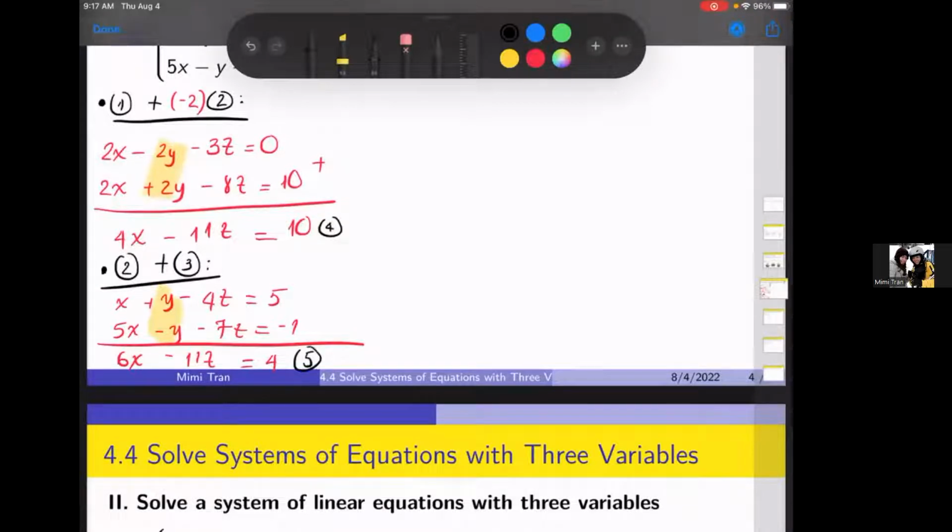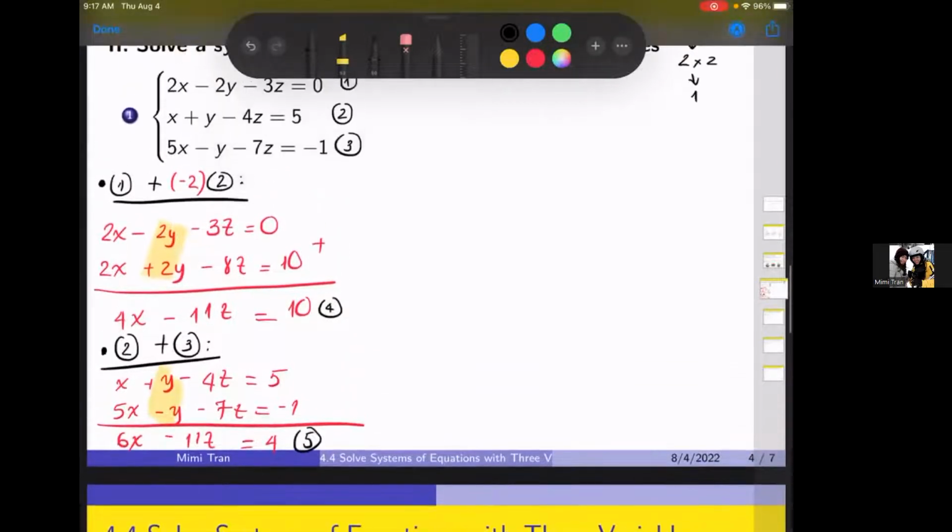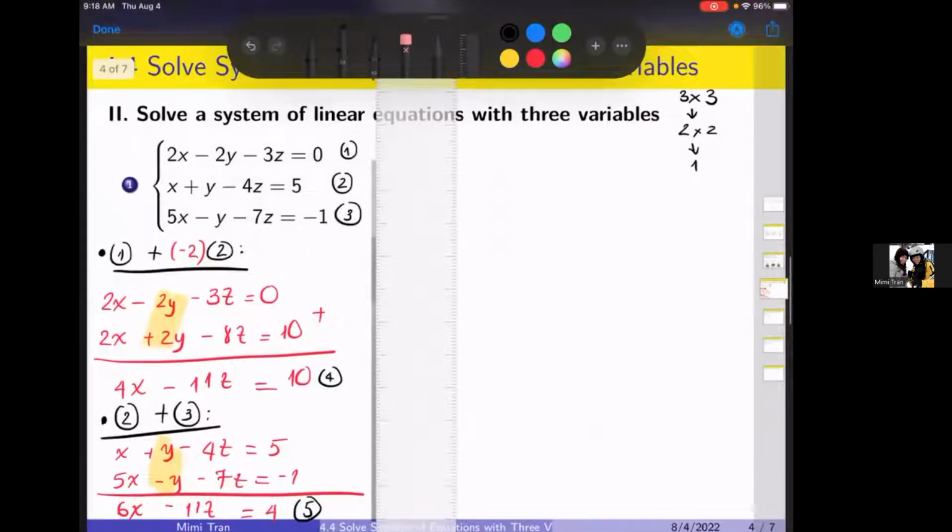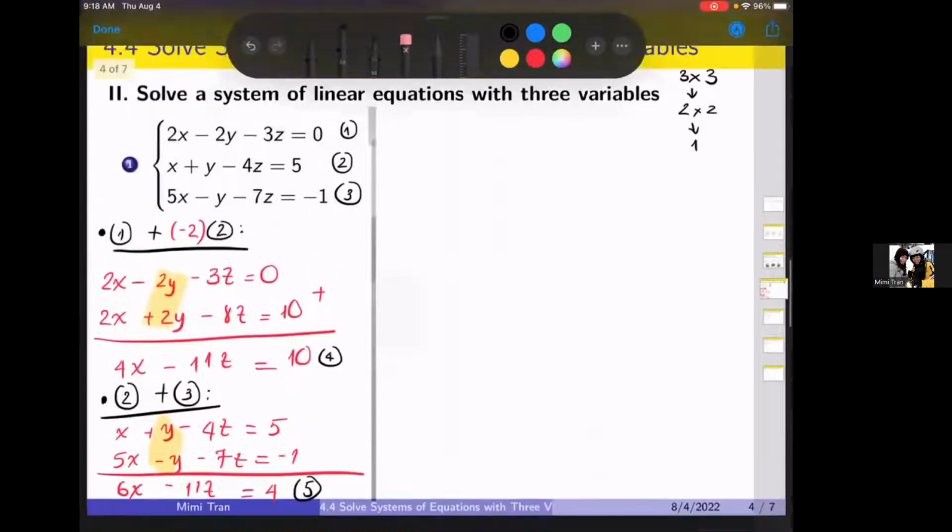So from equation 4 and equation 5, you see something familiar? You know how to solve a 2 by 2, right?